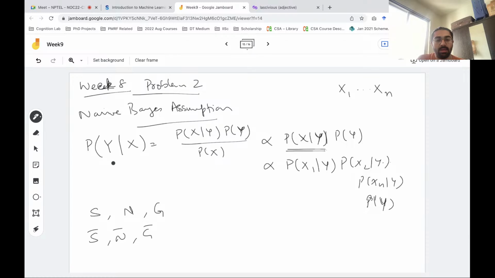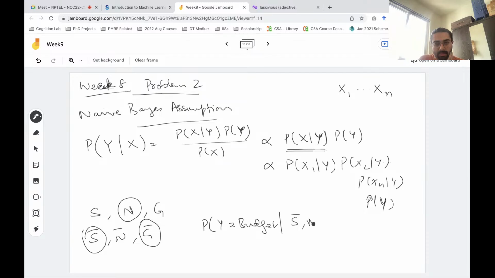So the probability that y is budget, given that we have two SIM card slots, so it is S bar, it is not a single SIM slot. It is NFC compatible, it has NFC, and it's no 5G. So these are the features that we have in place.